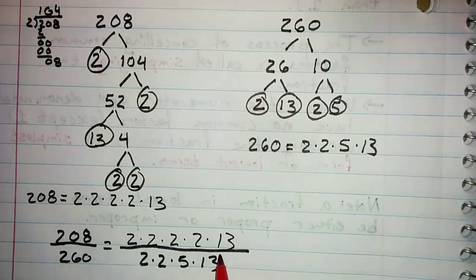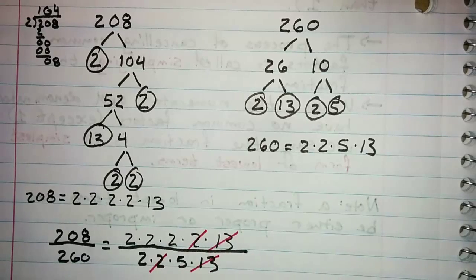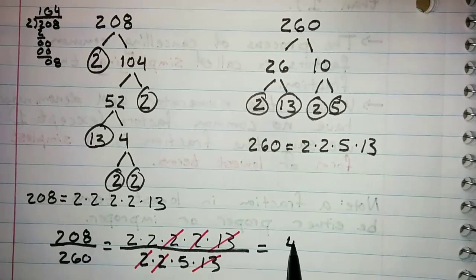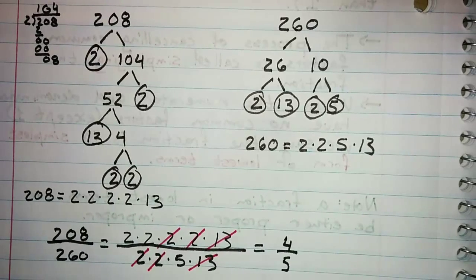I can now cancel a 13 that appears in both places, a 2 that appears in both places, and another 2 that appears in both places. What's left up here? 2 times 2 is 4. Down here, I see 5.